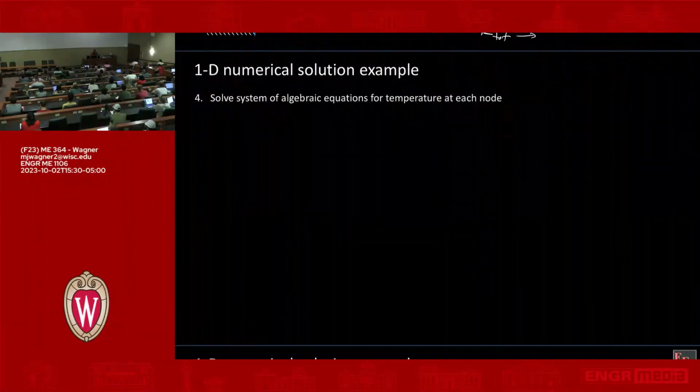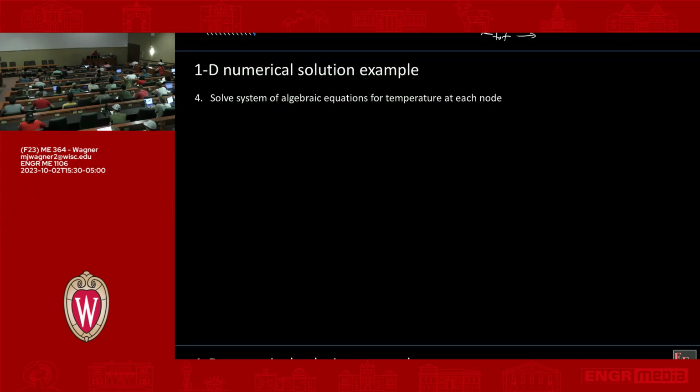All right. So flipping back up here, in this 1D numerical solution example, we've developed our set of equations. We have n equations, n unknowns. Our n unknowns are the temperatures at each node. We're trying to solve for the temperature of each node. We have energy balance equations that go with all those nodes, so you should have the same number. Let me write this out.